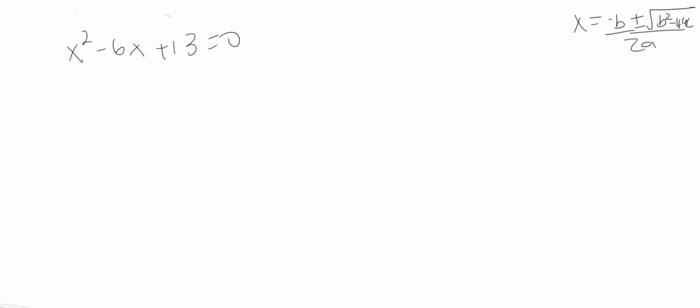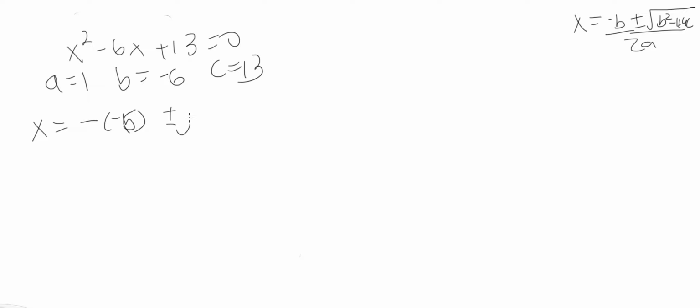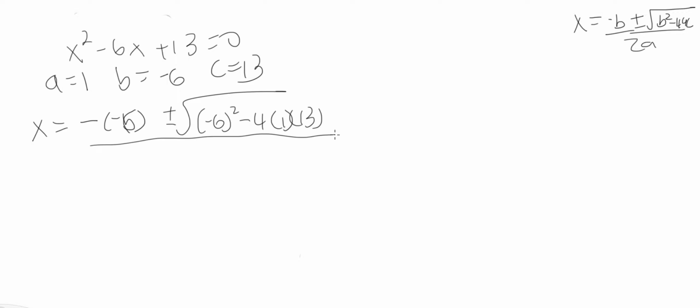So it's already in standard form, so I'm going to have a equals 1, b equals negative 6, c equals 13. Negative b, that's a negative 6. Negative 6 squared minus 4 times your a times your c. And this is all over 2 times your a.